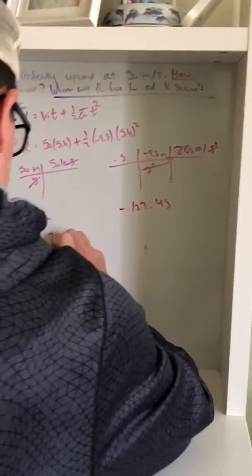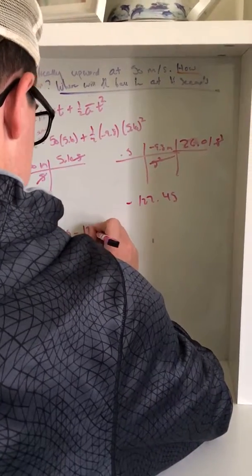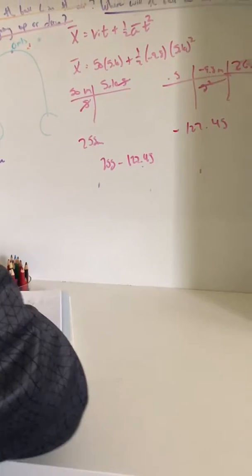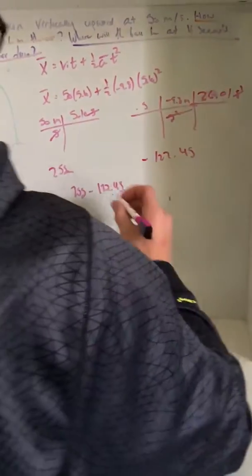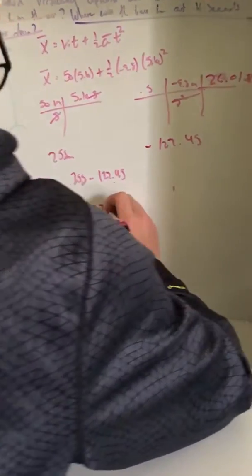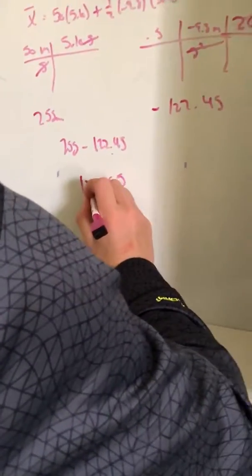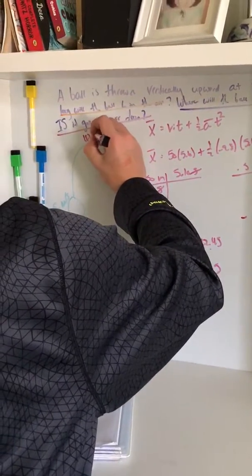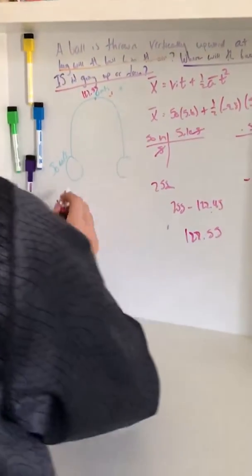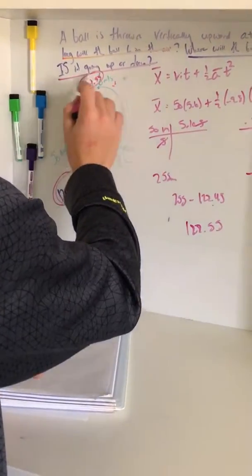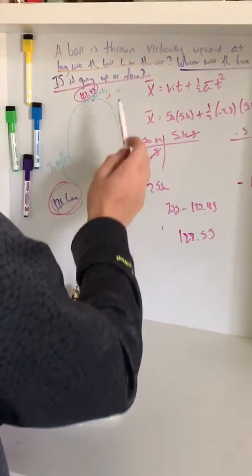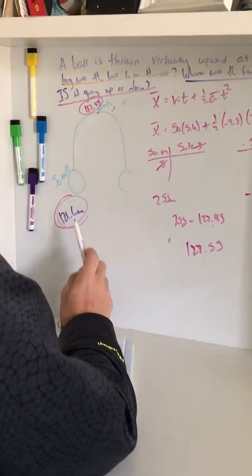So 255 minus 127.45 meters is going to give you 127.55. So the displacement value is 127.55. And since the value that we found at 4 seconds is lower than the value that we found up here, the ball is still traveling upwards when it is at 4 seconds.